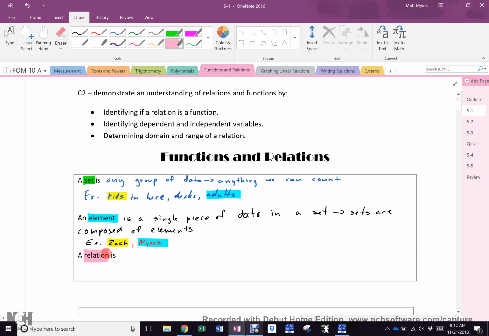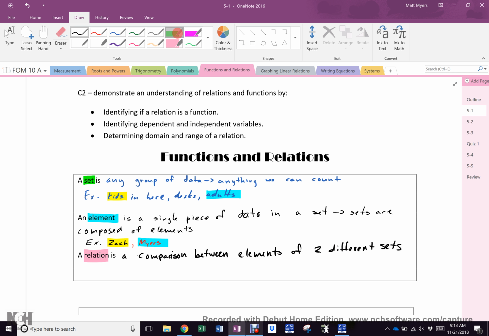And the third one is a relation. A relation is any time... I shouldn't say any time. Sorry. A relationship is a comparison between elements of two different sets.